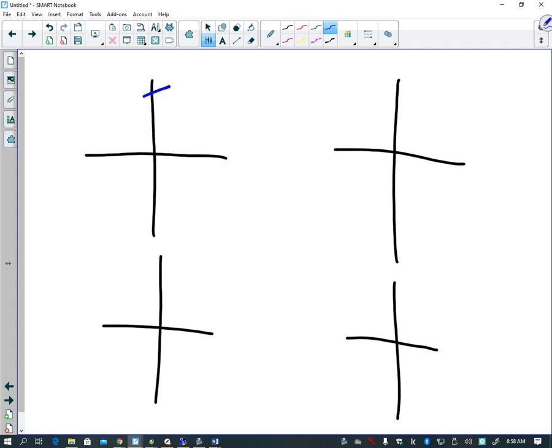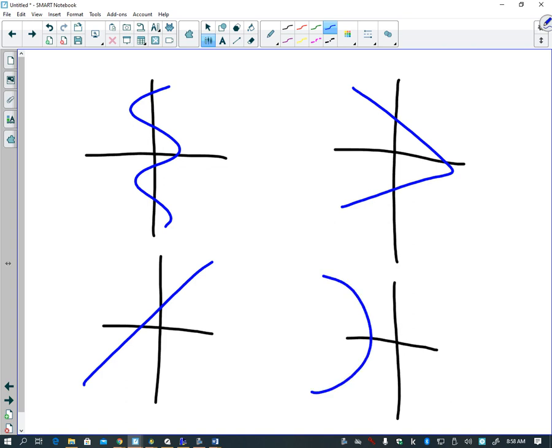One that looked like this. Okay, this was this class. One that looked like this, and one like this, something like that. And I'm really surprised at how many of us chose this one. A lot of people chose that graph.